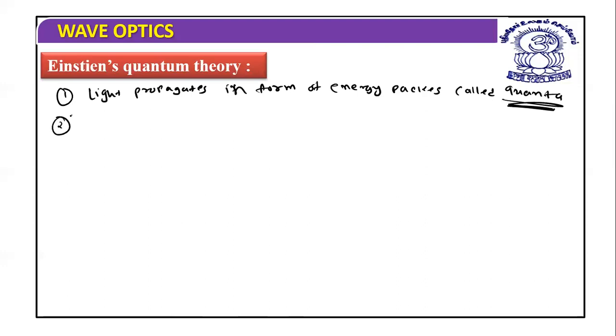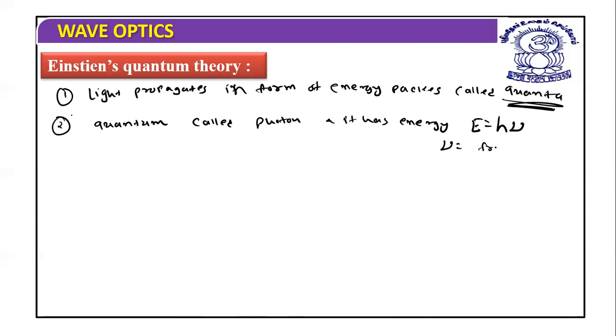Each quantum of light is called a photon, and it has energy E equals h nu.